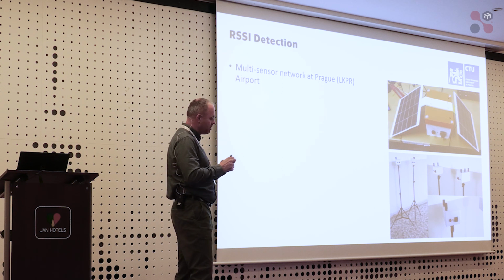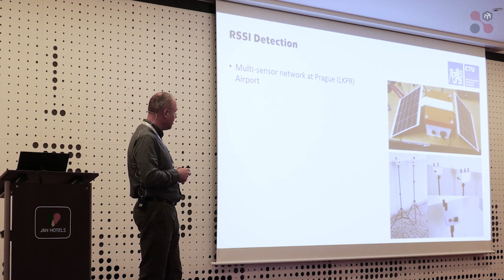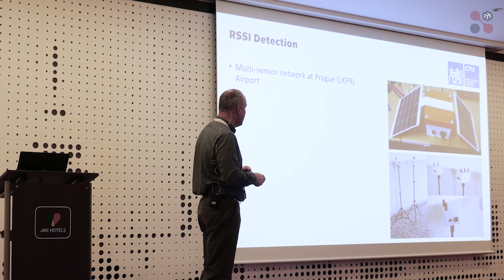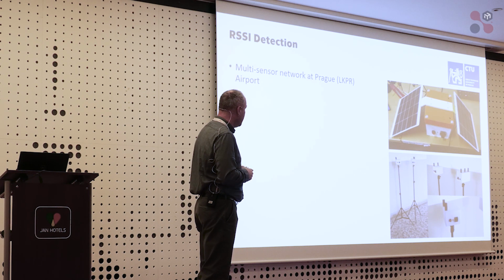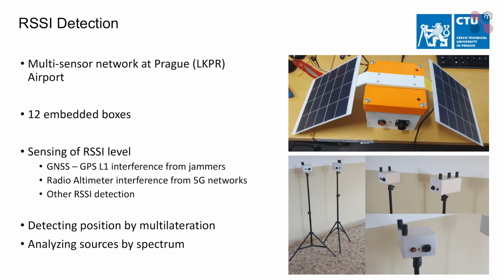So we are doing it on the national level in the Czech Republic: we have a set of boxes like this, 3D printed right now by myself. Solar powered; those were the early stage without the solar panels attached, but it looks like this. It's around the airport. Right now there are 12 of those boxes on 3 places.